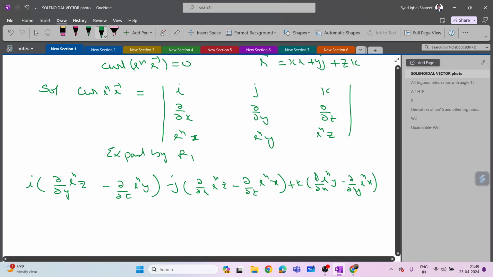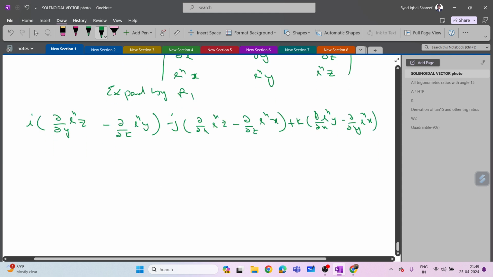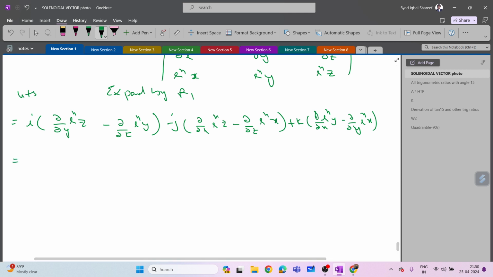We have to prove this, but we only work with the left hand side. So this is our left hand side. Now see here, z is a constant, so it will come outside. We only write ∂/∂y of r to the power of n, and y will come outside ∂/∂z of r to the power of n, for i.